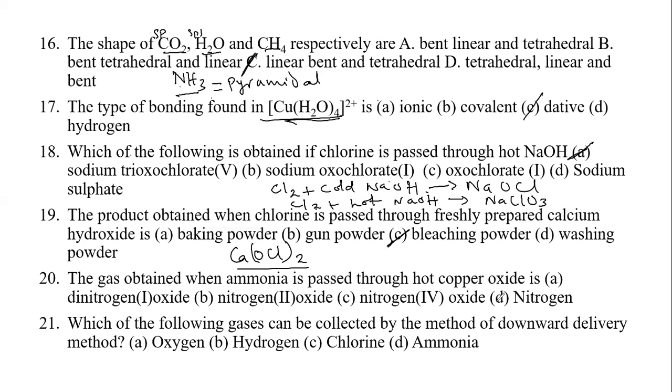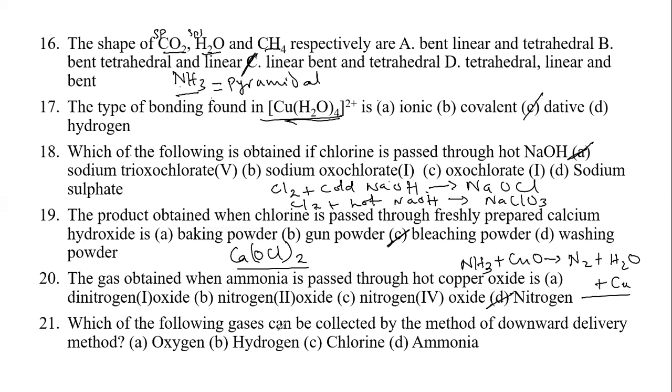So it's going to be what? Nitrogen. When ammonia is passed through hot copper(II) oxide, it's going to give you nitrogen plus water plus copper. So you balance the equation. So option D is the correct answer.